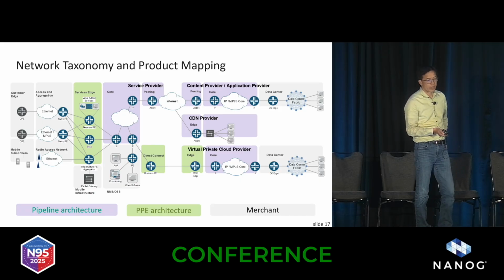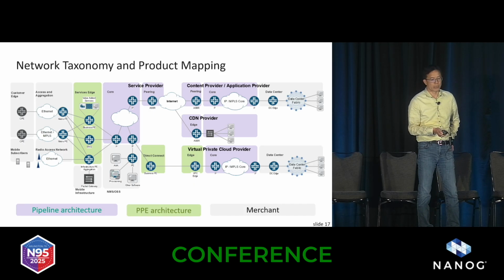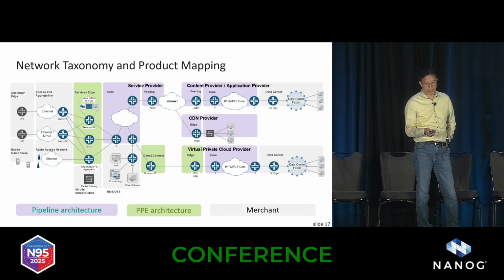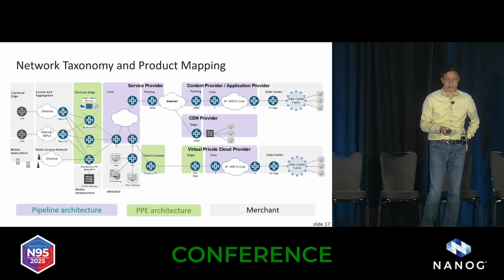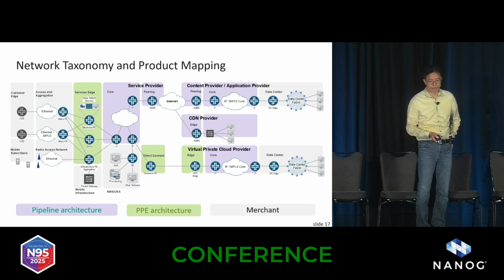But for the service edge, which requires a lot of features or maybe a lot of queues, the PPE architecture serves those markets very well. And on the right side, the end of the data center, which is the white colored, typically the shallow buffer silicon, for example, gets a better cost per bit or power per bit.